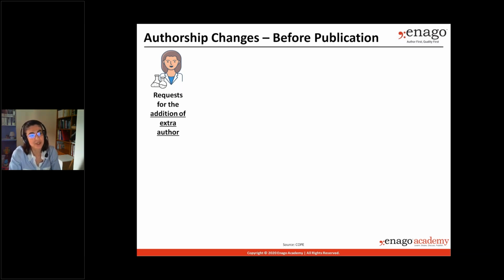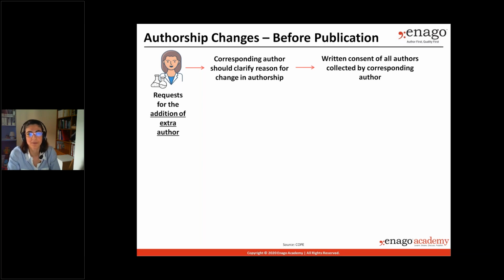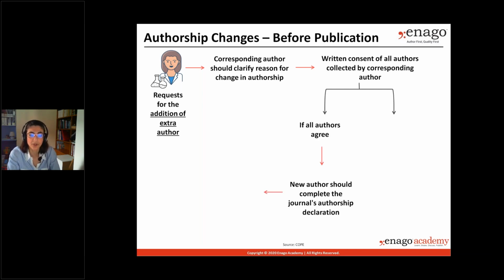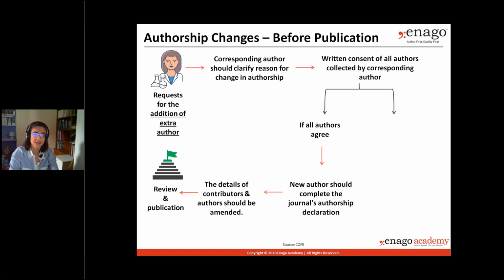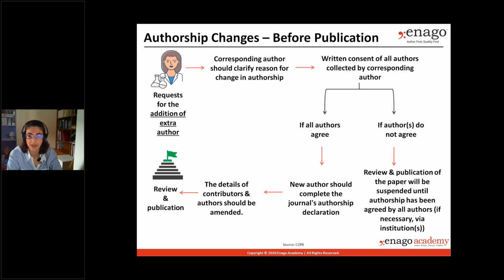If we need to include an additional author that has been accidentally omitted from the original version of the submitted manuscript, then the corresponding author should clarify the reasons for this change in authorship and obtain written consent from all other authors. If they all agree, then the new author completes the journal's authorship declaration forms, the details of the contributors and authors are amended, and this is then peer-reviewed and published. In the case, though, that not all authors agree to adding this new author, things are more challenging.